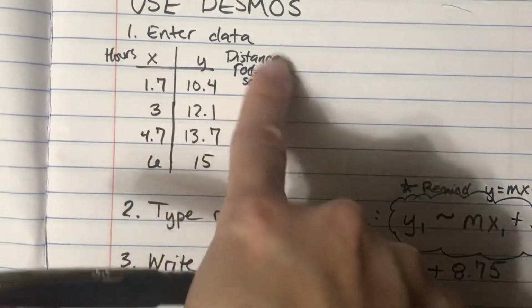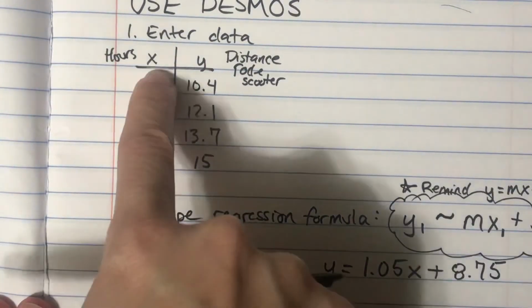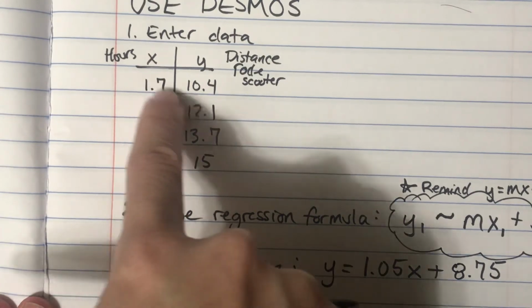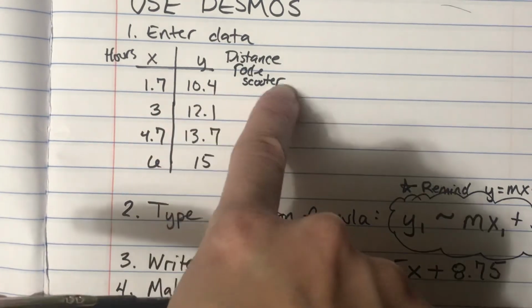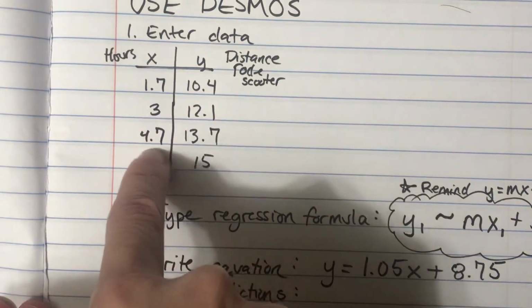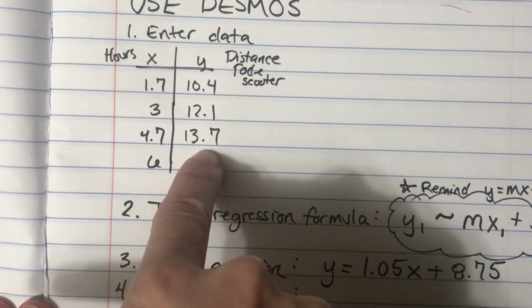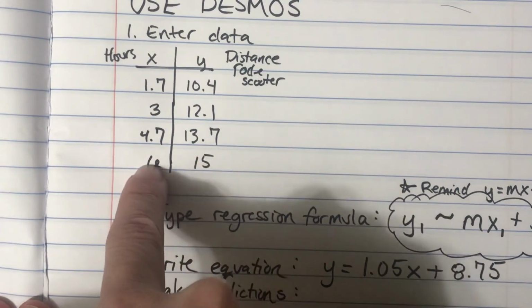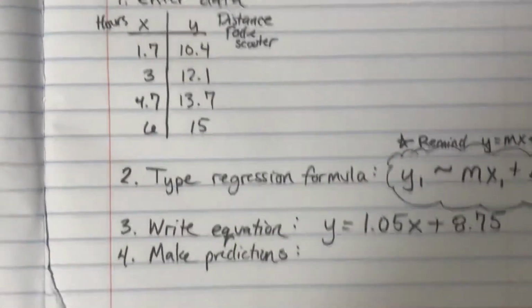We're dealing with hours versus distance, right? So I know that in 1.7 hours, I drove 10.4 miles. Same thing for 3 hours and 12 miles, and 4.7 hours and 13.7 miles. And in 6 hours, I was able to ride 15 miles.